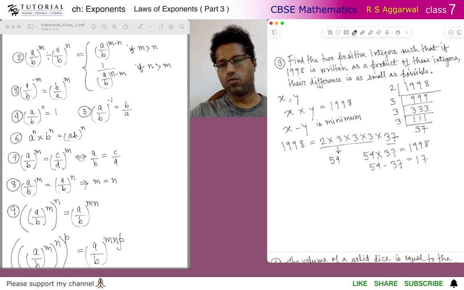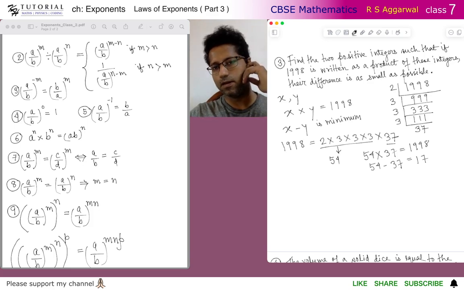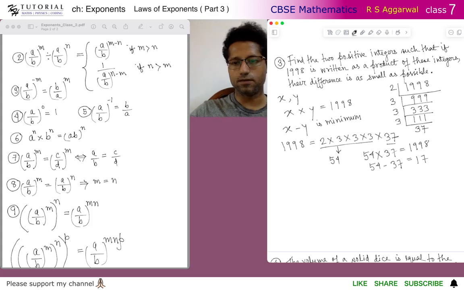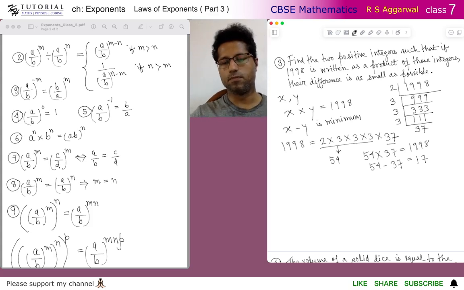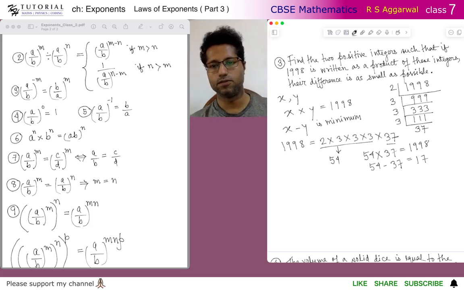Because you have to make the two factors very close enough. Now, if you consider a factor which is 37 multiplied by any other number, then the difference will keep on increasing. So I think these are the best two factors such that the difference is minimum and their product is 1998.